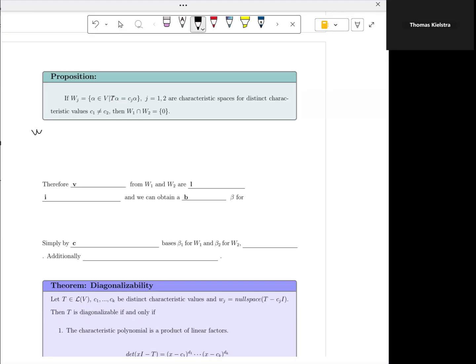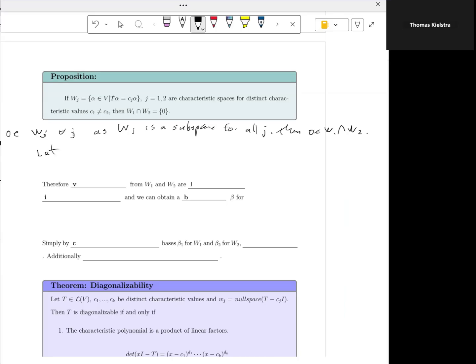To see this, 0 is in Wj for all j as Wj is a subspace for all j. Thus 0 is in the intersection of W1 and W2. So there is something in the intersection. Now, what else is in the intersection?